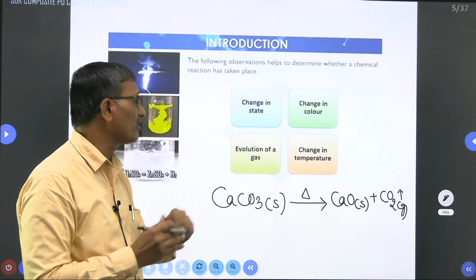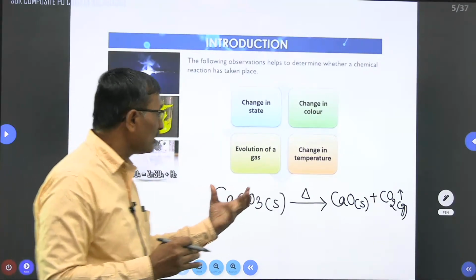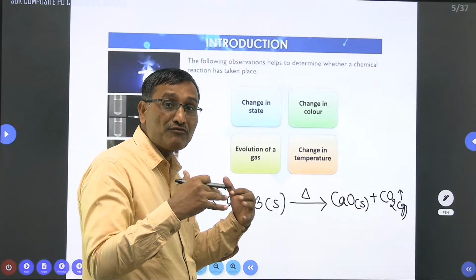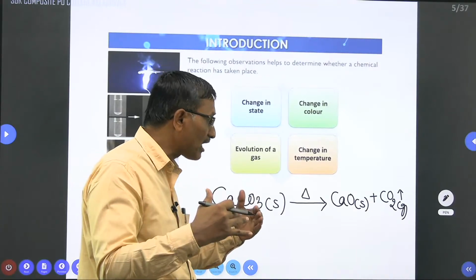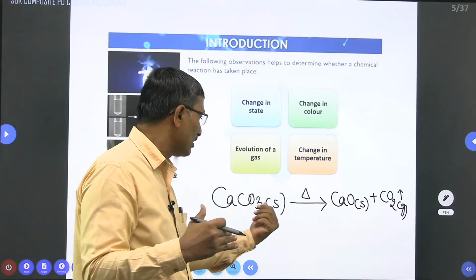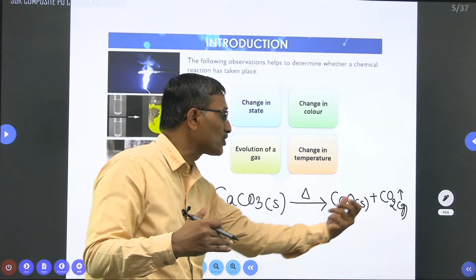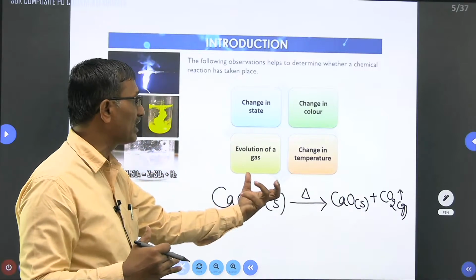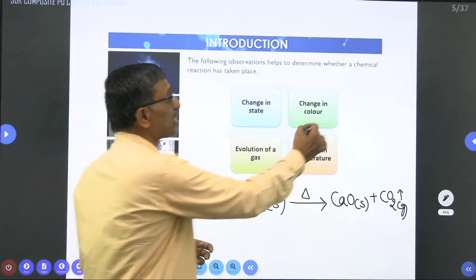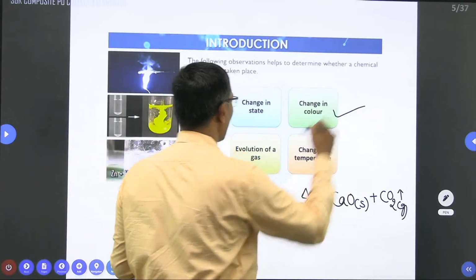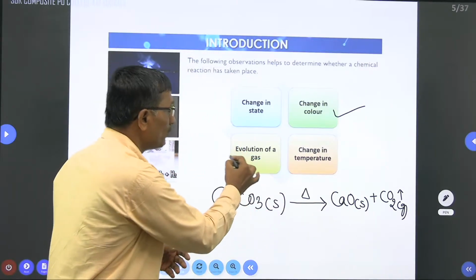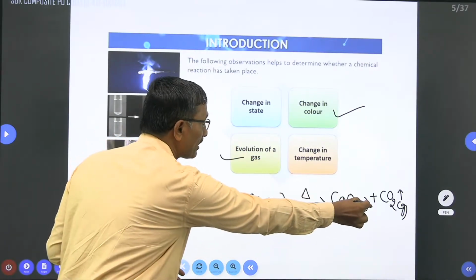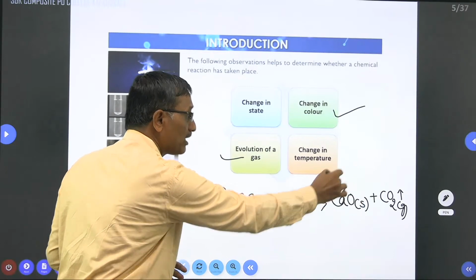One thing you have to remember: in this case, there is a change in the physical state of the reactant and the product. Here a solid substance gives rise to a solid along with a gas. So we can recognize it. Already we came to know about change in color and evolution of a gas. Here also you can identify it.